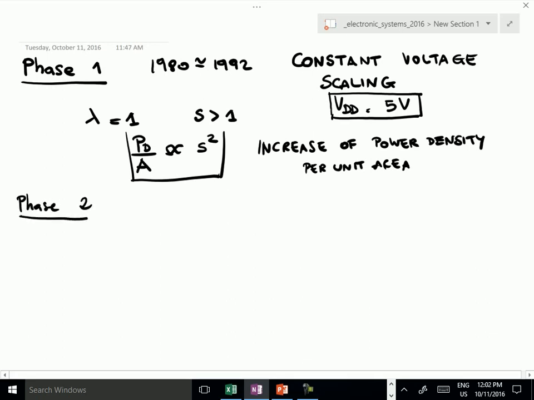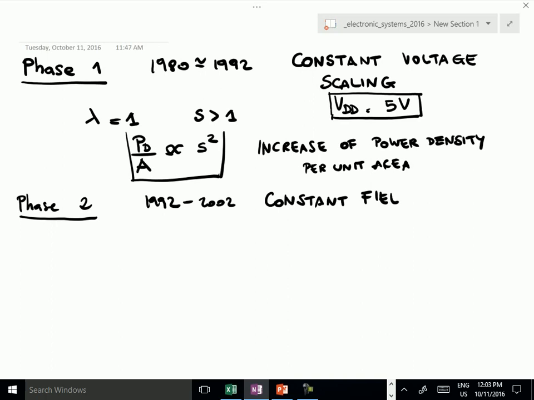Therefore, we have phase 2, which is basically from 92 to 2002, something like that, 10 years, during which we had constant field scaling. Constant field scaling means that we scale with the same pace both the voltages and the geometry.